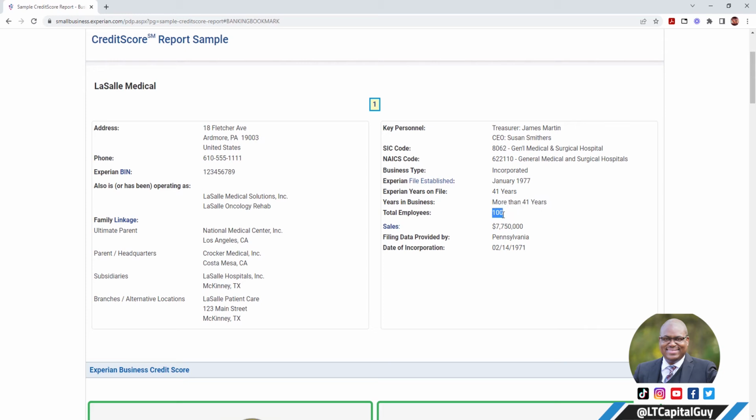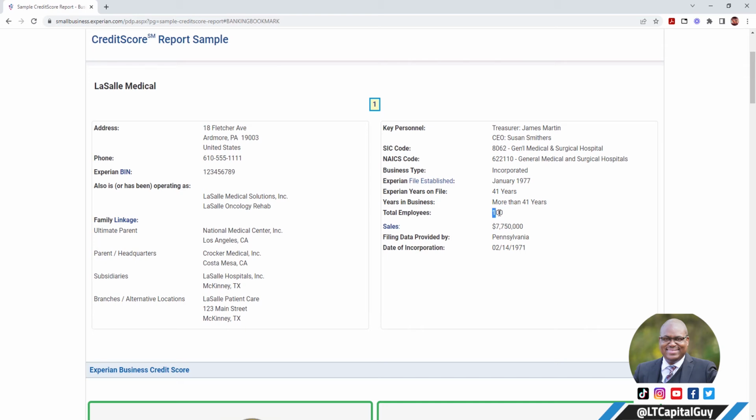How many employees? Now, this number may or may not be accurate. It could be more of an approximation. If your business has fluctuated in its employees, the big thing is, you don't want to have 1 or 0 employees listed here.